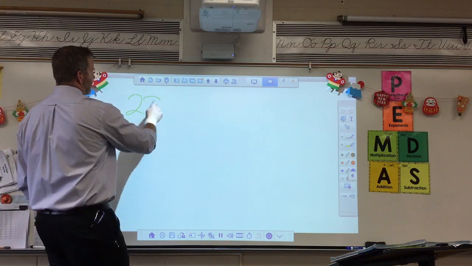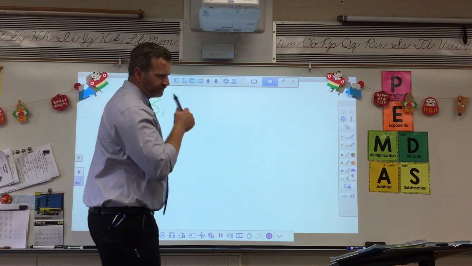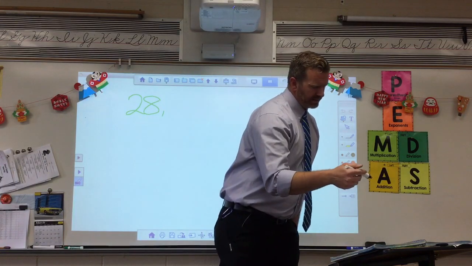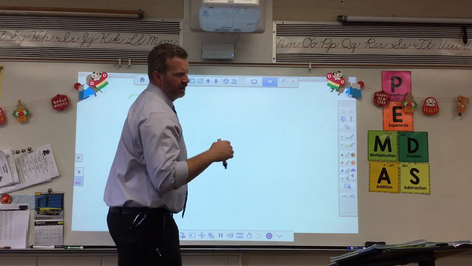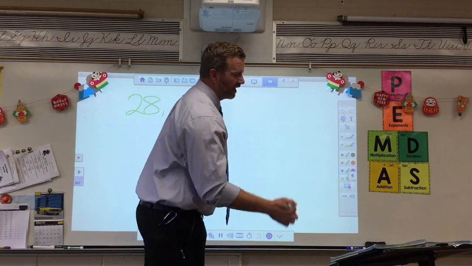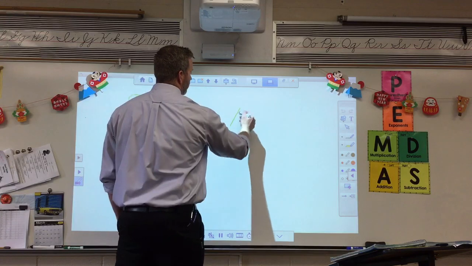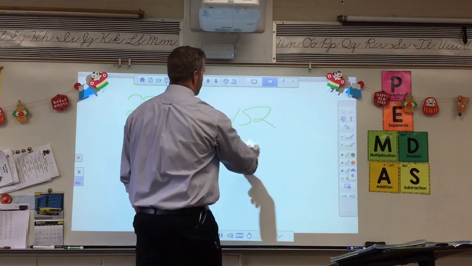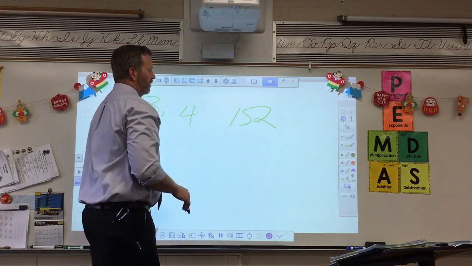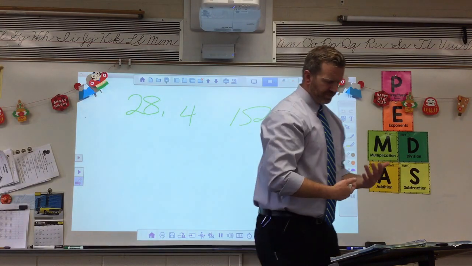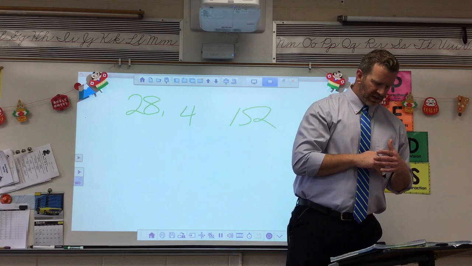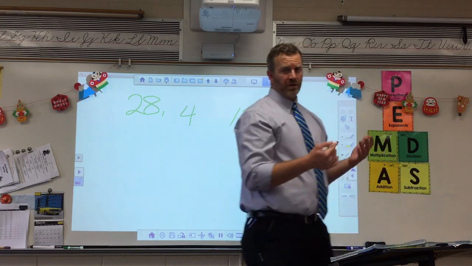All right, number 28, here we go. 28 says, in 4 different rooms of a museum, a curator is planning to display a collection of 152 archaeological art pieces. So we got 4 rooms, and we're going to try to separate them out evenly, but we need to do a quick estimate to see how many items would go in each room.